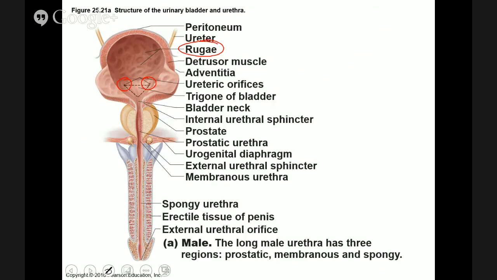Remember, we have that transitional epithelium in the bladder. There's also a muscular wall to the bladder, so that when the bladder needs to, it can contract to push the urine out of the bladder. This is called the detrusor muscle.